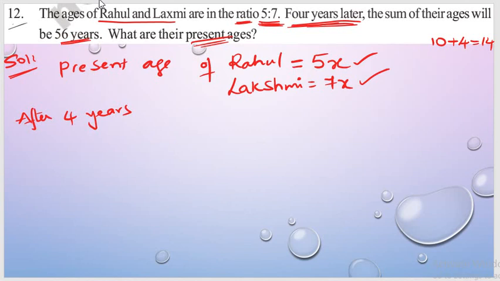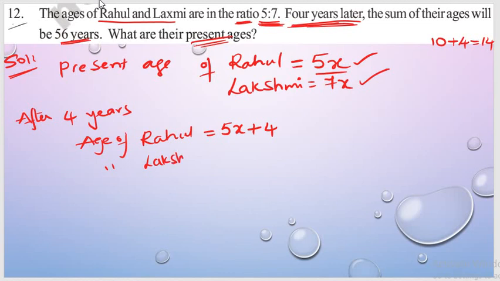So after 4 years, the age of Rahul: to his present age, 4 years will be added, so it becomes 5x plus 4. The same way, the age of Lakshmi will be 7x plus 4.